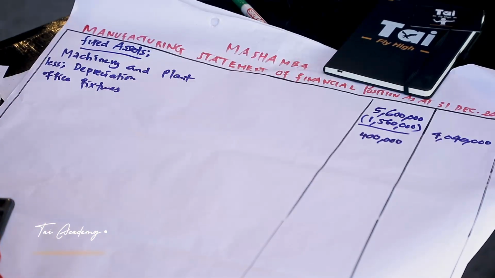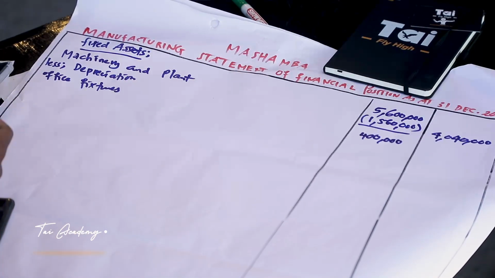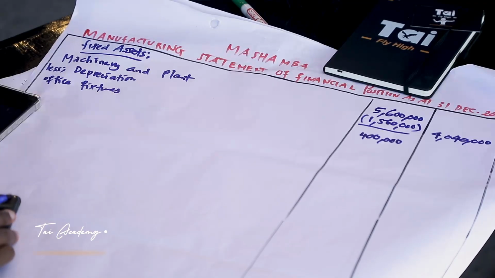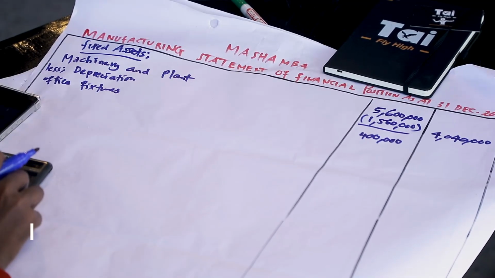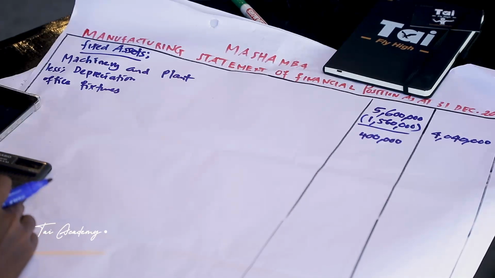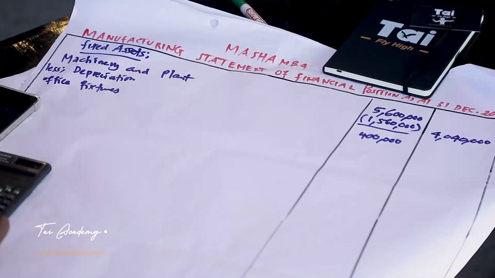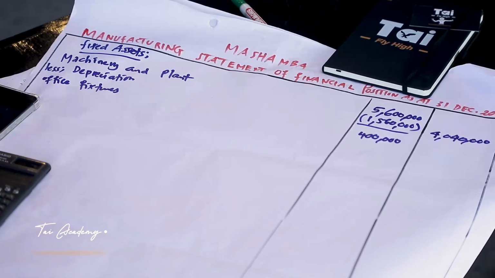So tutafuta depreciation yake pia. So difference kati ya 400,000 na hiyo ya kwenye trial balance, so itakuwa 400,000 minus 240, 160. So I will show the workings.